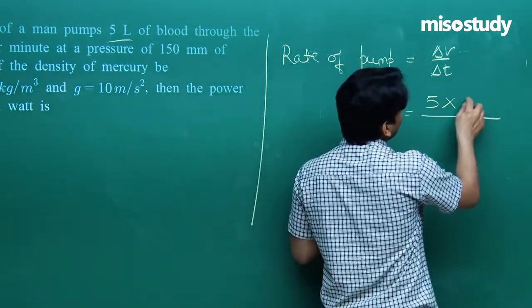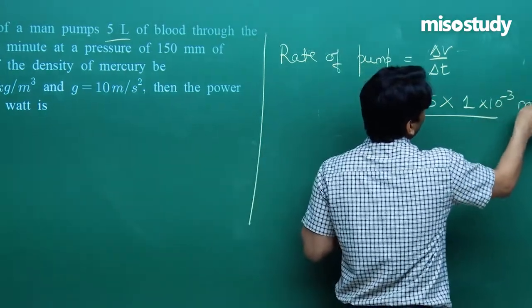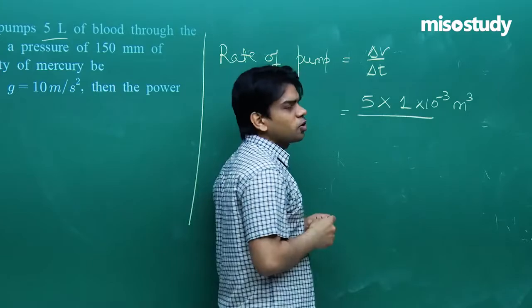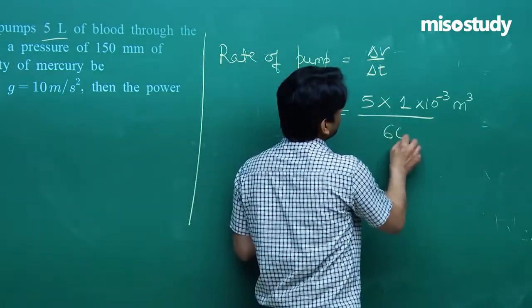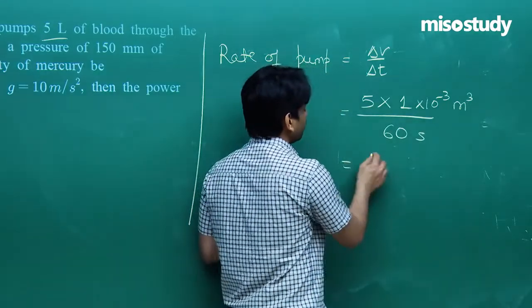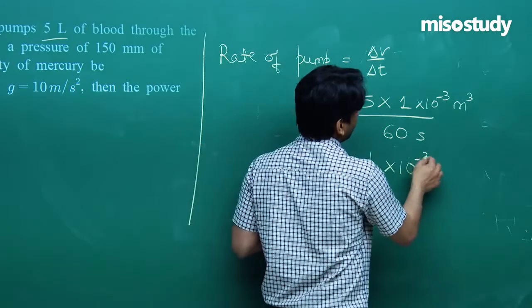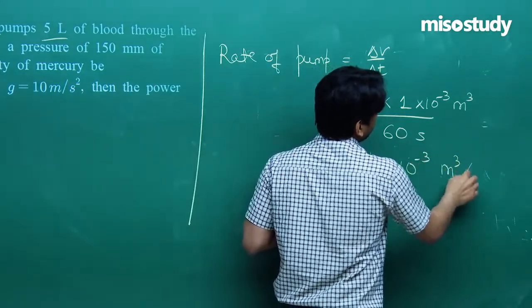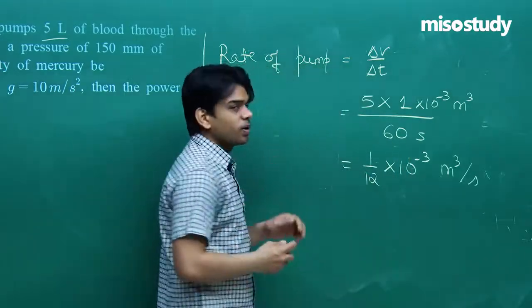So 5 liters is 5 into 10 to the power minus 3 cubic meter, divided by time, that is 60 seconds. So this will be 1 upon 12 multiplied with 10 to the power minus 3 cubic meter per second. This is the rate of pump.